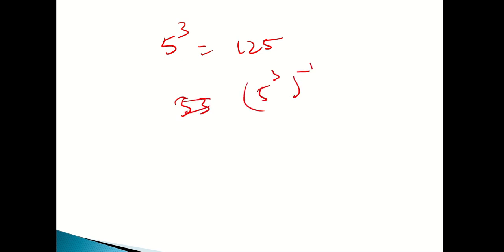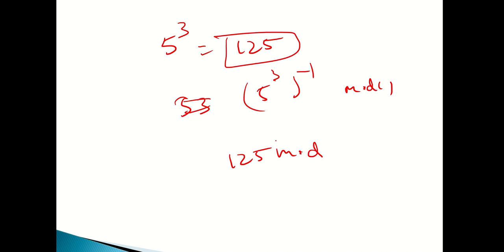5 to the power 3 is 125, right? The equation says 5 to the power 3, then its inverse mod 11, and we need to find this out. So 125 inverse mod 11.